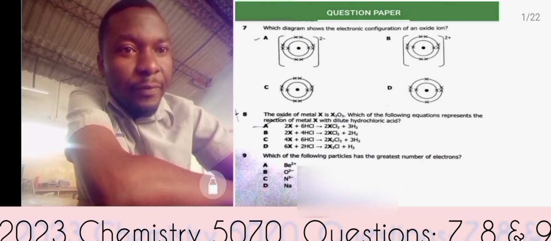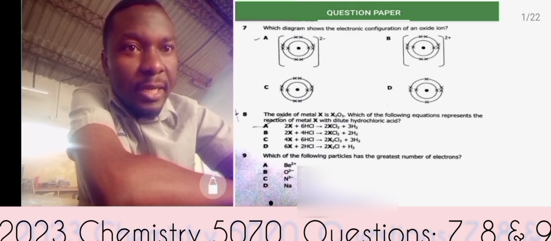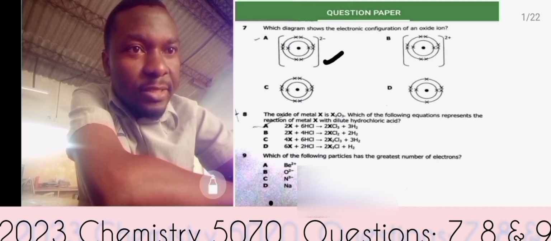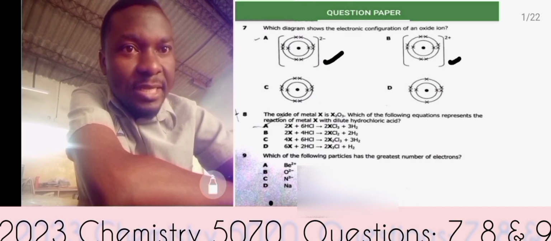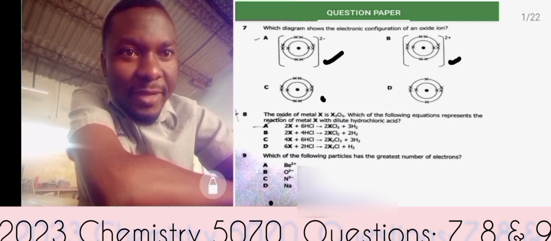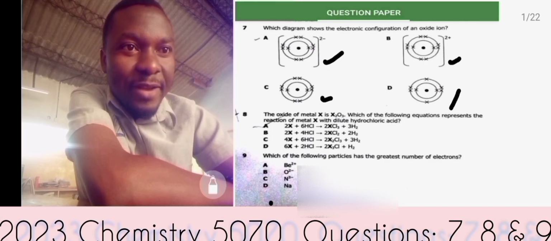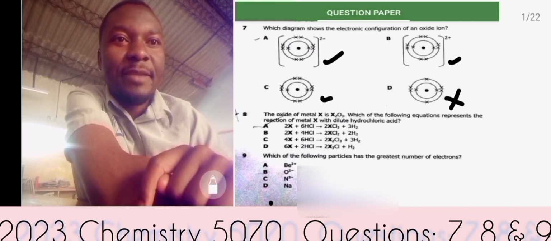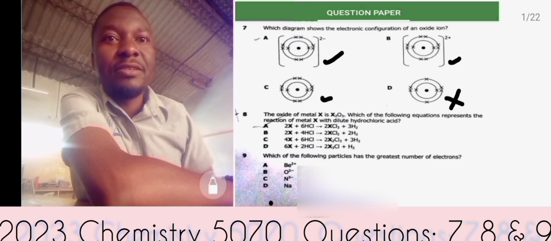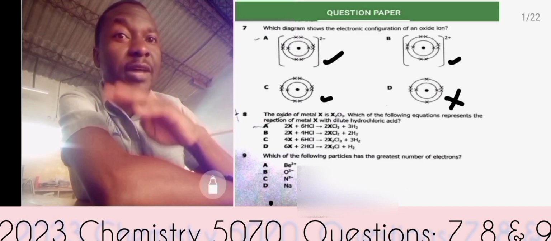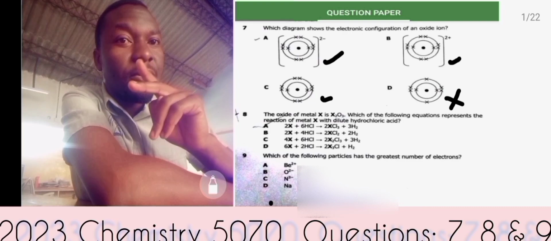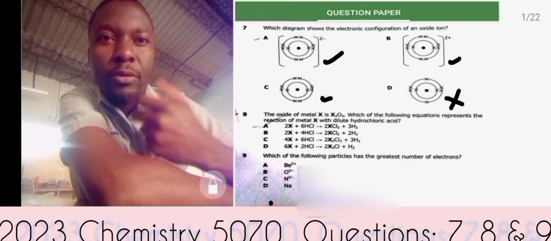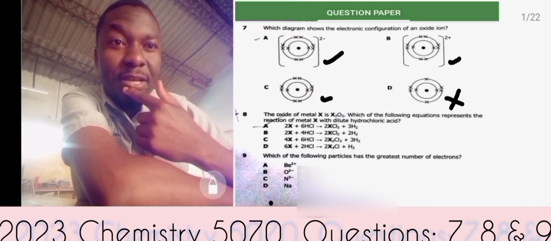If we check, this one has 8, this one also has 8, and this one also has 8. This one is disqualified first of all because it has 6 in its outermost shell. We are looking for the one with 8, because we're talking about the stable state of oxygen.